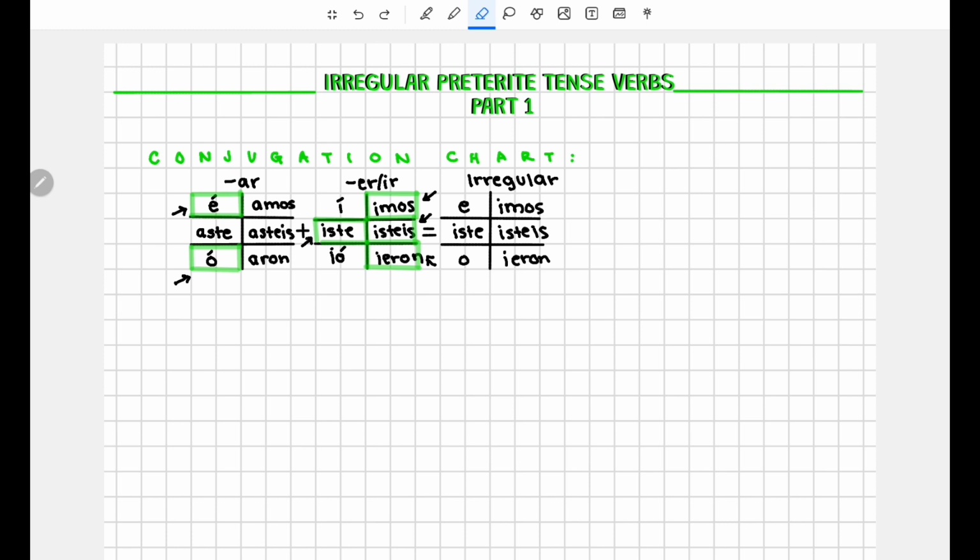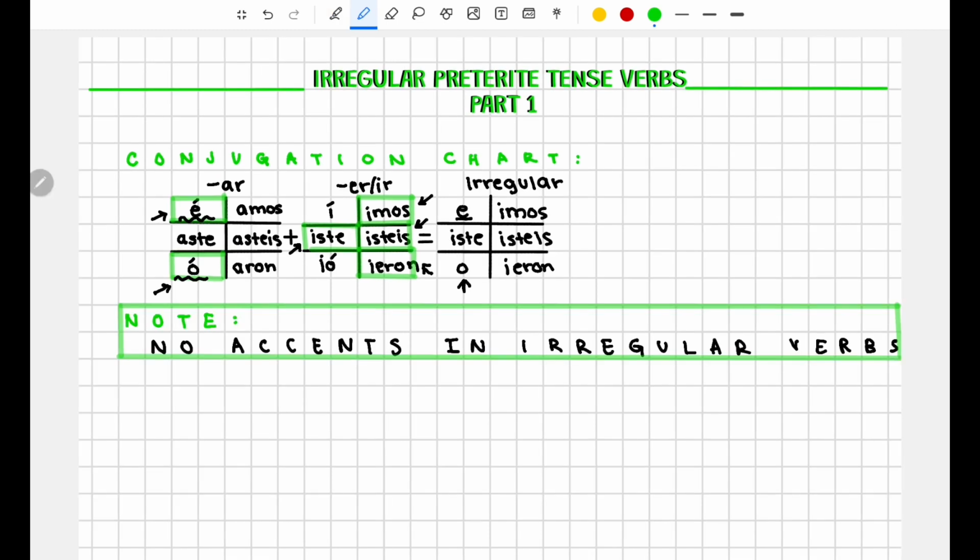And also notice that in our irregular chart, we have no accents. There's no accent on the o like there is right here. There's no accent on the e like there is right here. And that is no mistake. One thing that stays the same when we're conjugating irregular verbs is that we never use any accent.